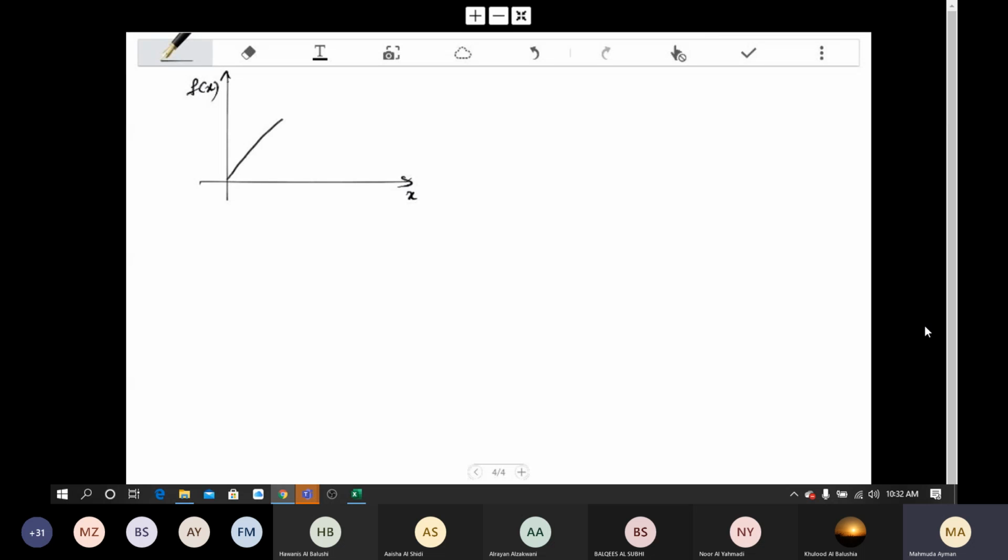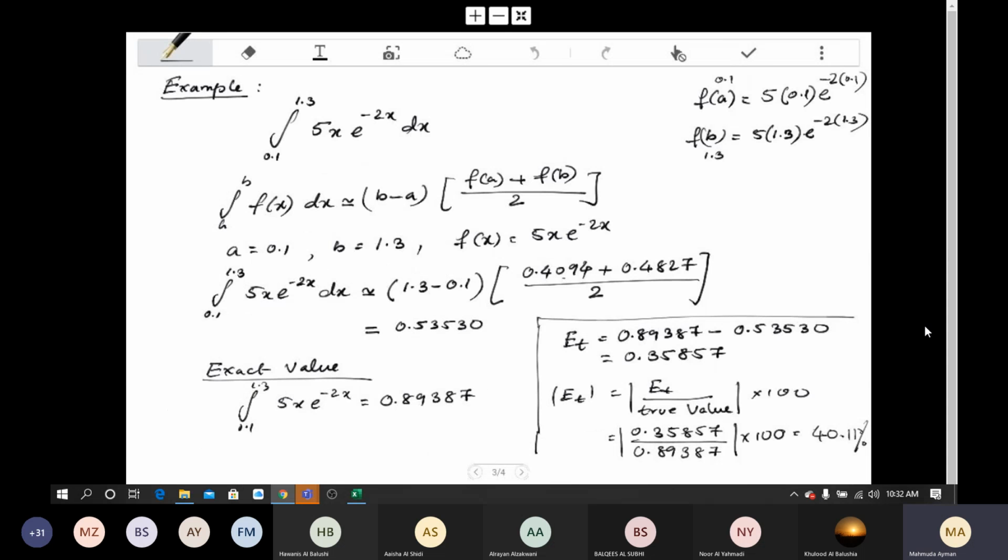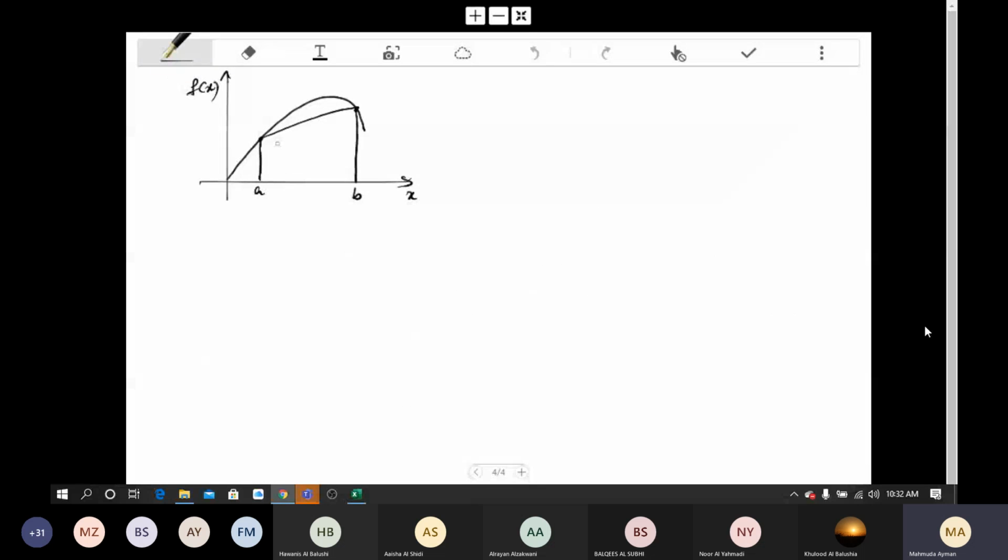Now if I draw it here again, we have some value a here and some value b here, and what we do is we try to approximate it by drawing a straight line, right? So the value we got for the answer, 0.53530, is the area of this part here. But what about this one?